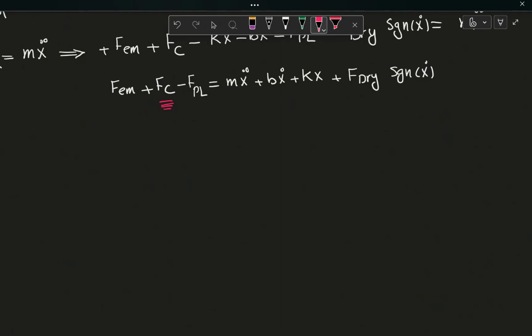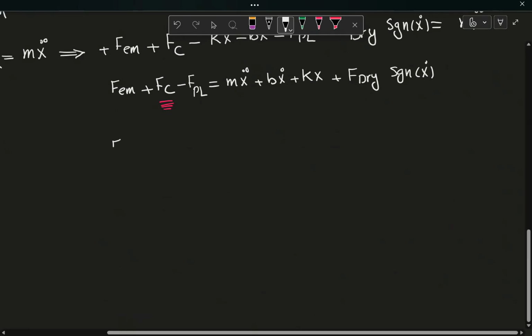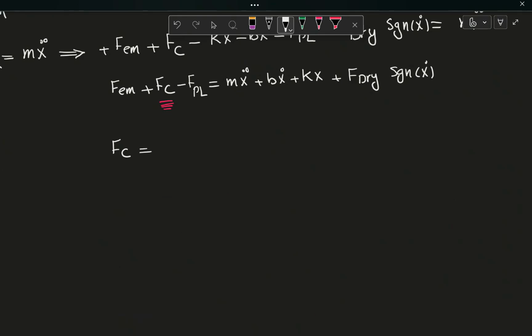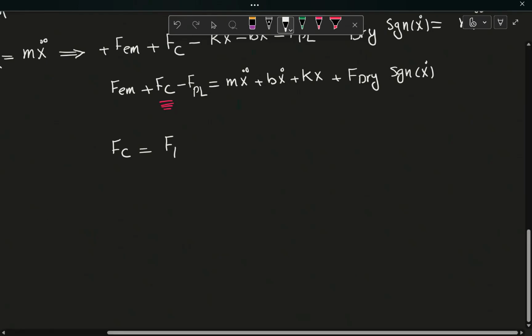So in a way, when you do not have motion, your FC is in fact equal to the difference between FPL and FEM.